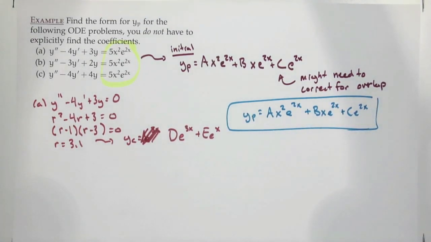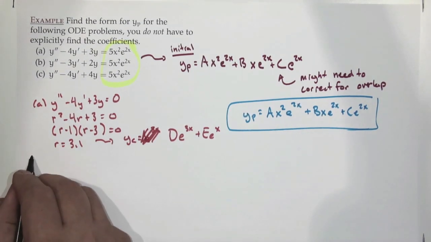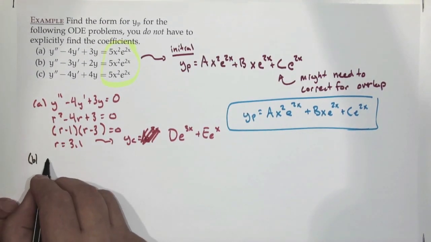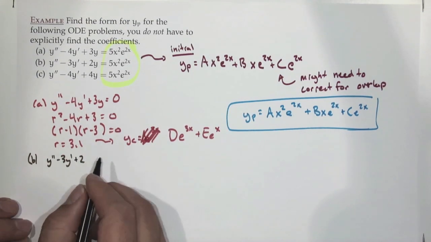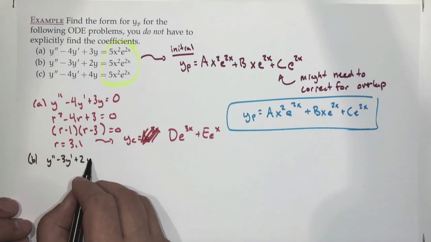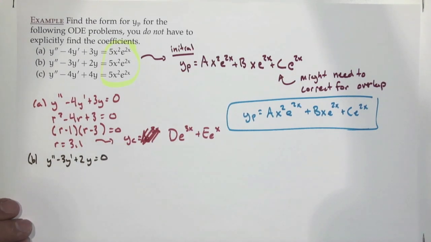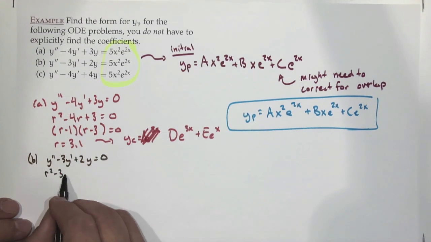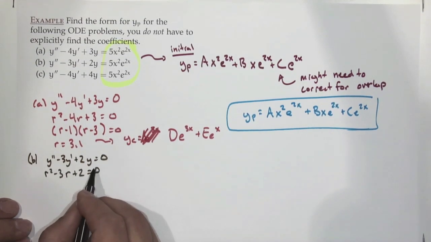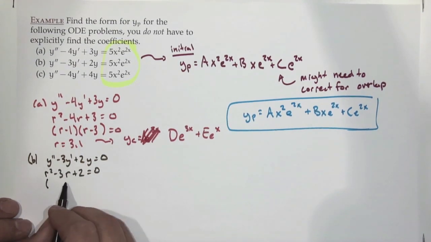All right. So for part B, we're running out of space here at this rate, but we'll make it work. y double prime minus 3y prime plus 2y equals 0. What's the algebra problem? r squared minus 3r plus 2. How does it factor?